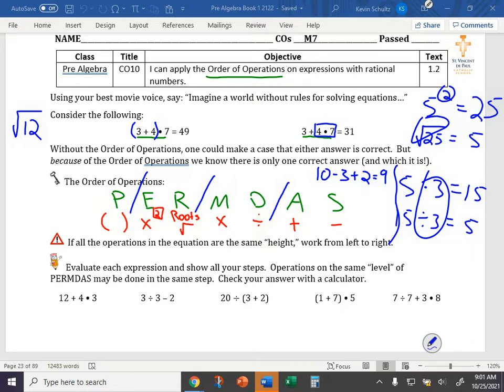So you essentially look at an equation, and you start, are there any parentheses? If there are, do those first. If there aren't, then you move on. Do I have any exponents or radicals? If you do, them next. If you don't, then you move on. Do I have any multiplication or division? If you do, those next. If you don't, then move on. And then you end with addition or subtraction.